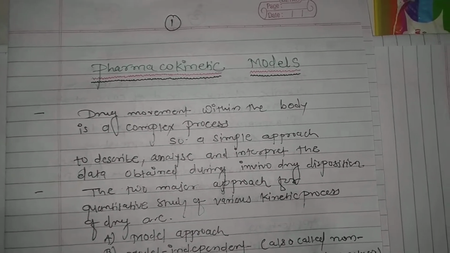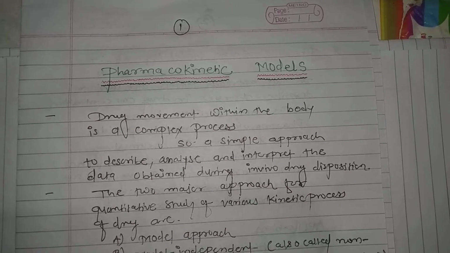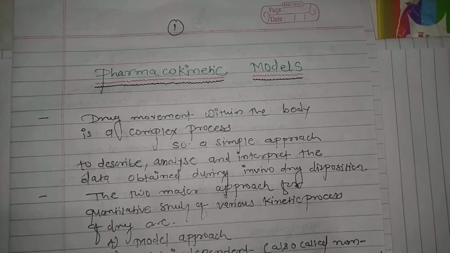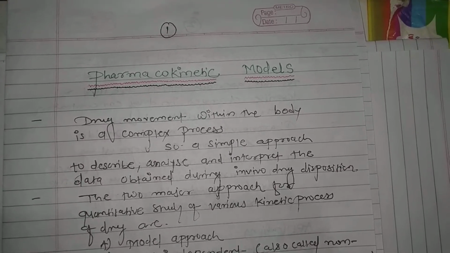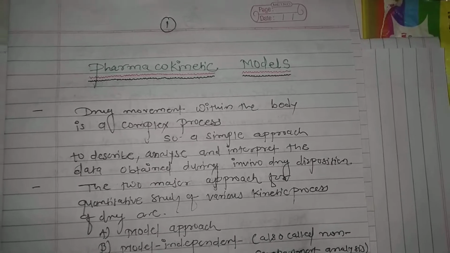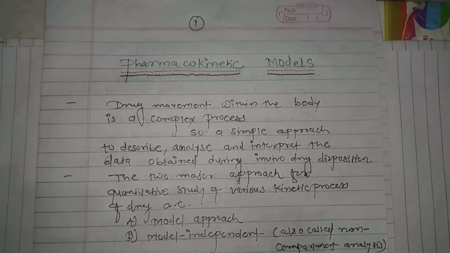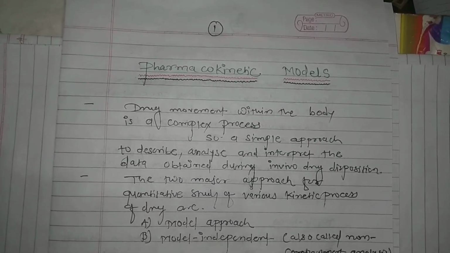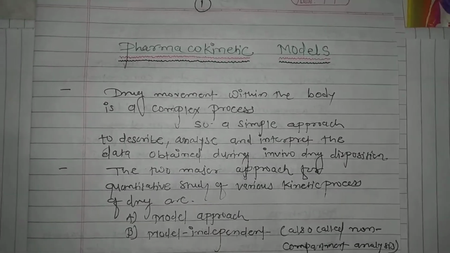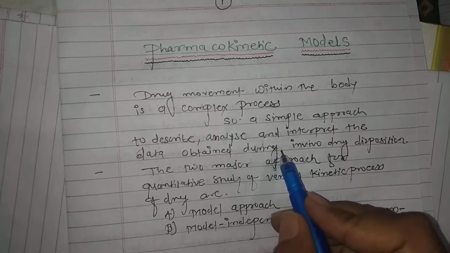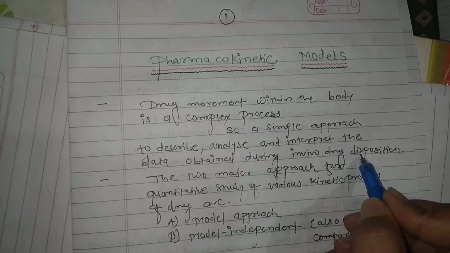So for this we have different mathematical terms and expressions to describe the concentration of drug in the body from its entry to its exit. A simple approach can be applied to describe the data obtained during in vivo drug disposition.